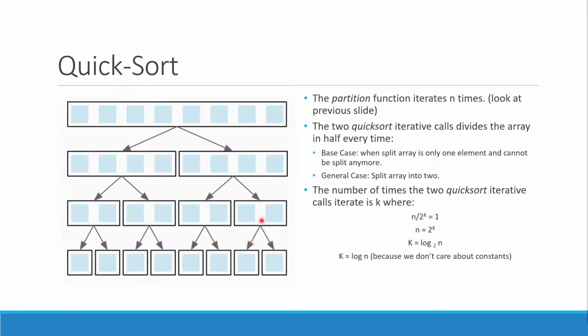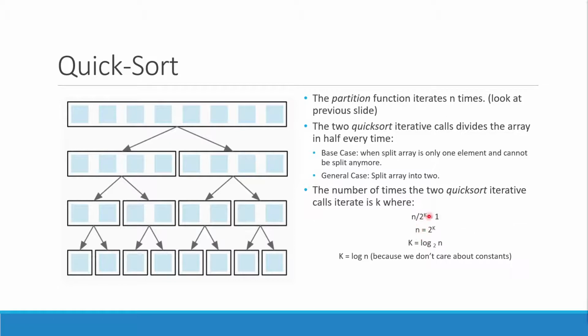And that makes sense because we're cutting the size of this array in half each time, and we have to find the number of times we're dividing by 2 where the size of the array after dividing it by 2 that many times is going to be equal to 1, because that's when we return.